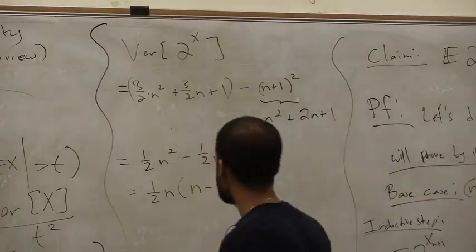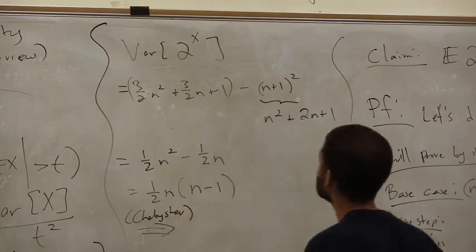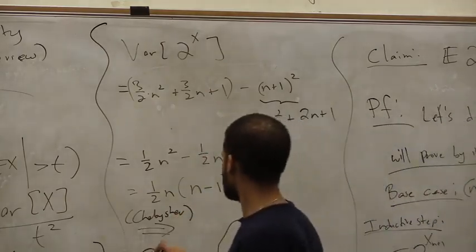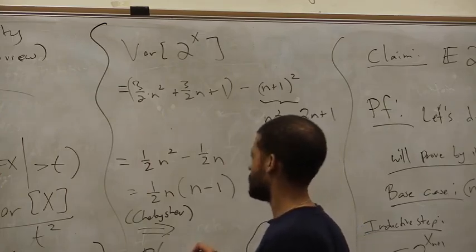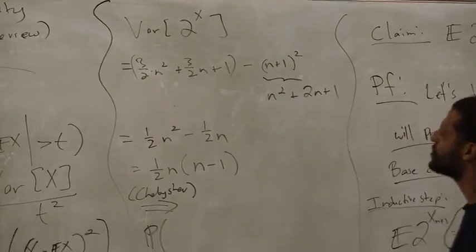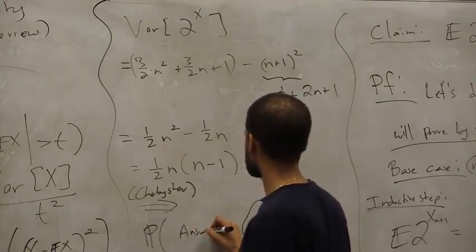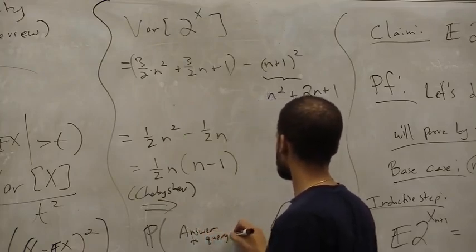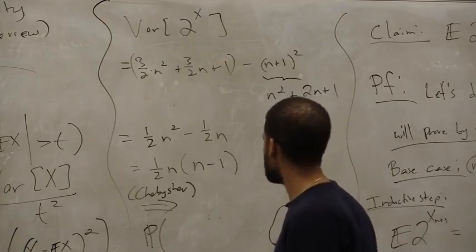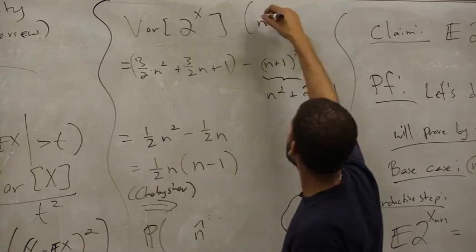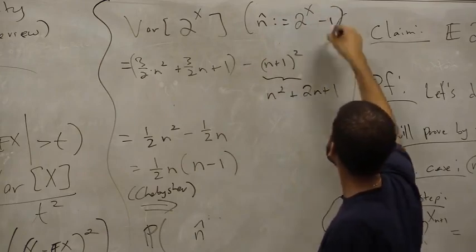Okay. So this implies now that if I use Chebyshev, the probability that the answer to the query minus the actual true answer... So this n hat is by definition my estimate of n, which was 2 to the x plus 1, or 2 to the x minus 1.